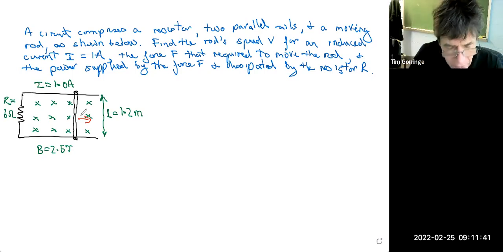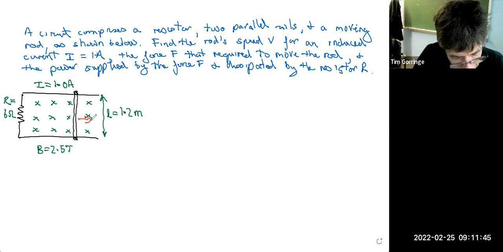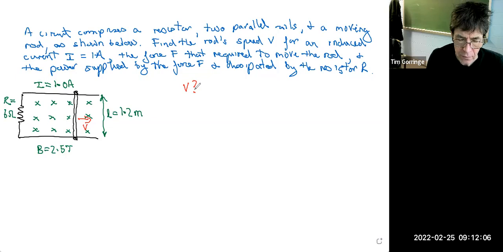So the first thing I'm going to do is solve for the velocity of the moving rod. Again, the way we're going to find V is by starting with the known induced current, or 1 amp. That tells us that there's an induced EMF in the circuit to drive that current.